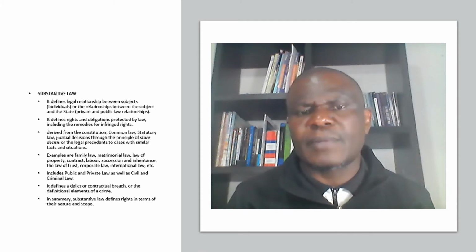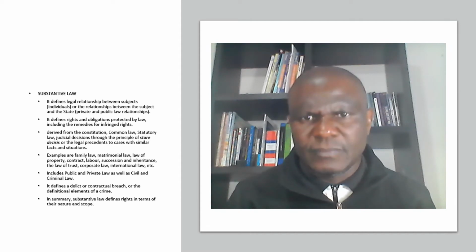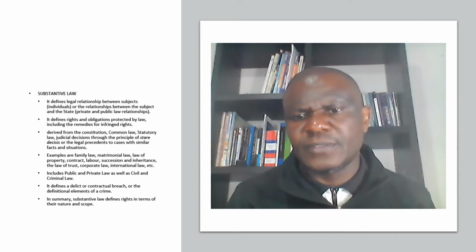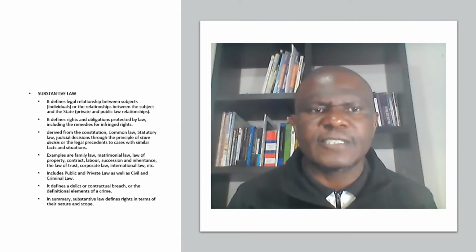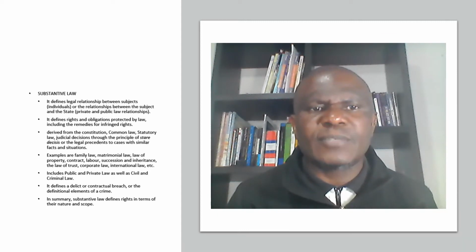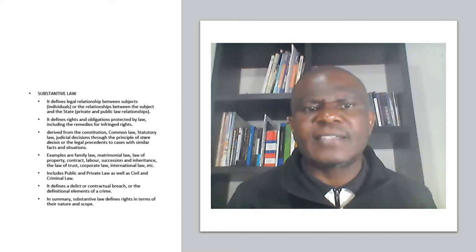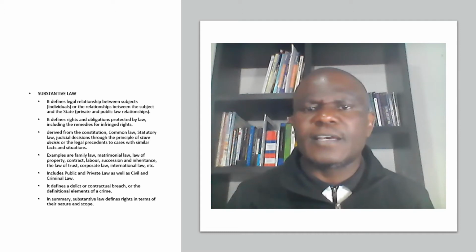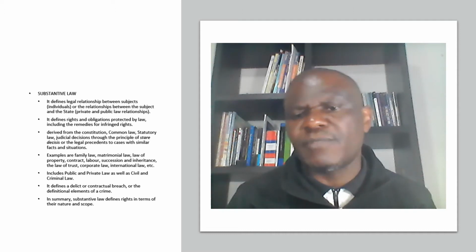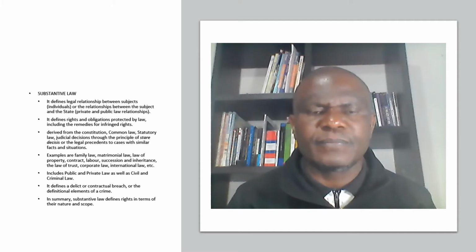Here we are talking about the relationship where the state is a holder of public law competencies, or in the case where the state is a holder of private law competencies. Now we find that substantive law defines rights and obligations protected by the law, including the remedies available to those whose rights have been infringed.